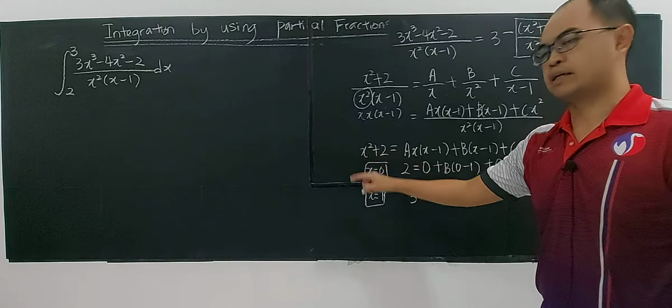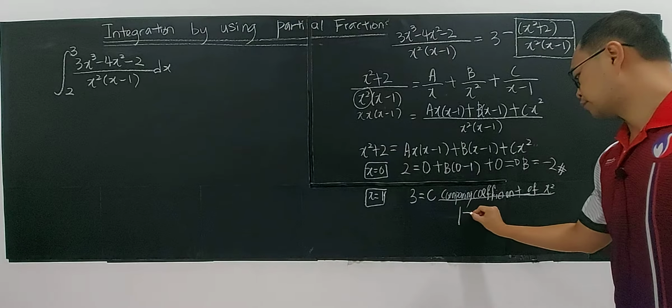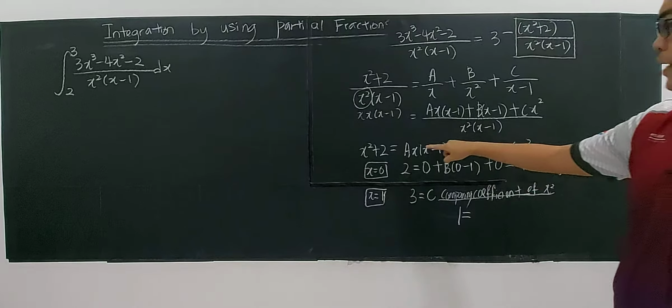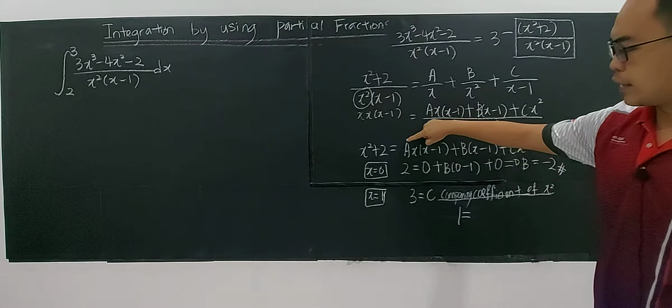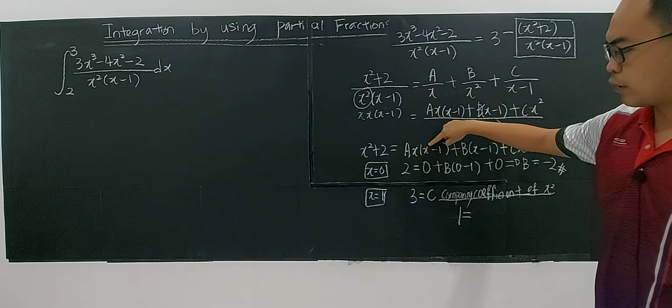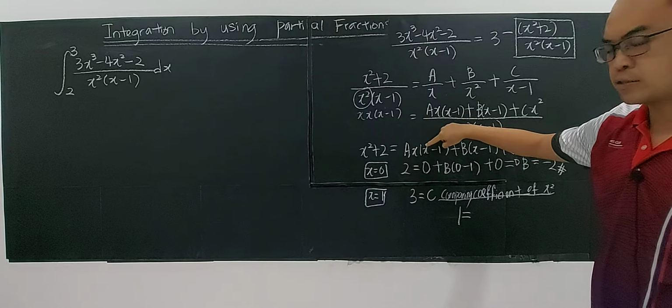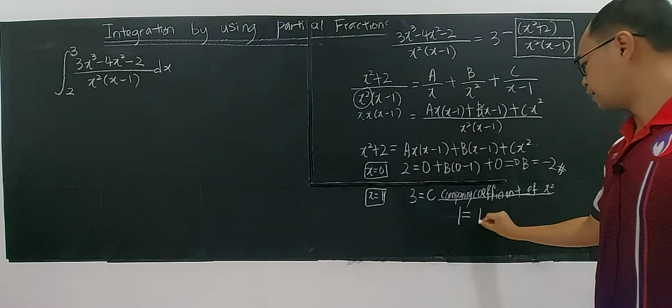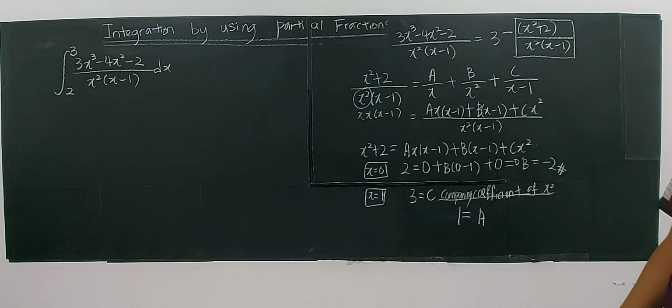The coefficient on the left is 1. On the right, the coefficient of x squared from Ax(x minus 1) is A.